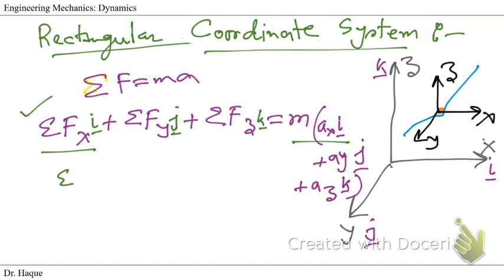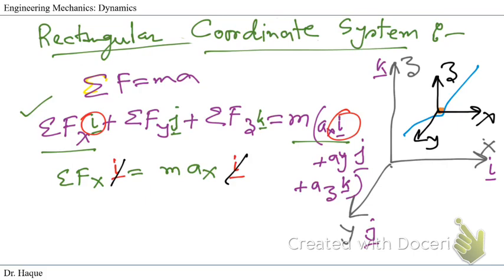So we'll have summation of F_x equals m a_x. We know there was i on both sides, right? Since we don't have anything else, we can just ignore these and write only the summation of F_x equals m times the acceleration component in the x direction.